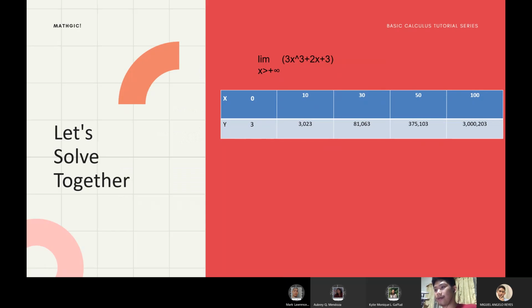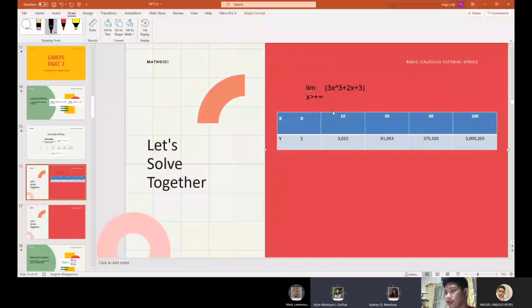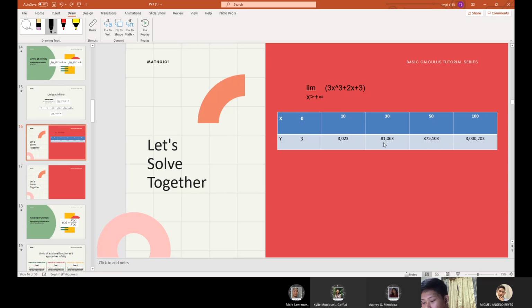This is the example I have, so I'm going to solve my example. This will be the limit of 3x cubed plus 2x plus 3 as x approaches positive infinity. When we substitute 0 for x, the answer will be 3. When we substitute 10 for x, the answer will be 3023.